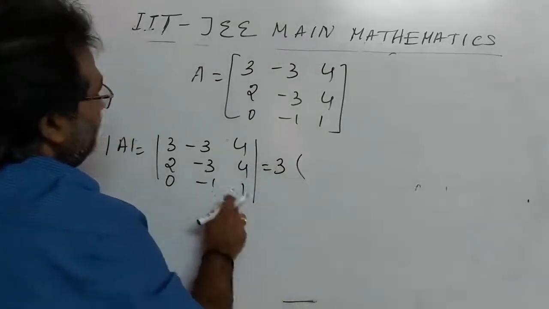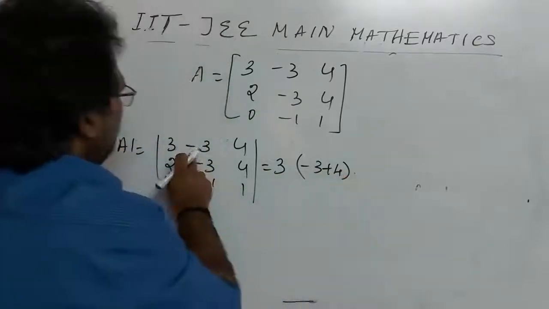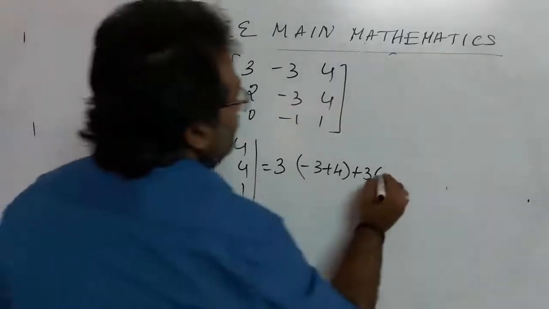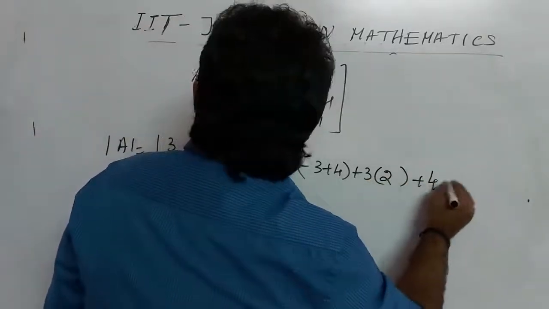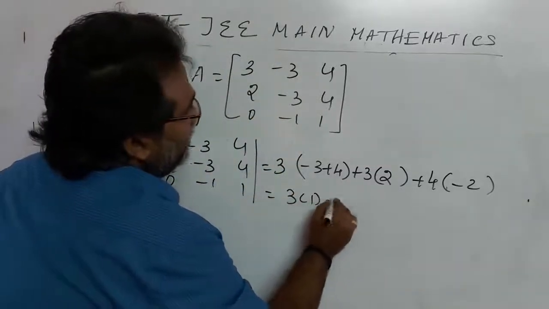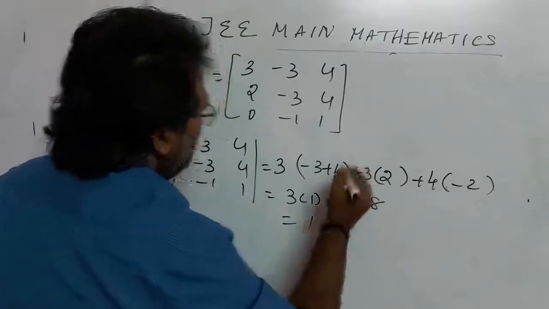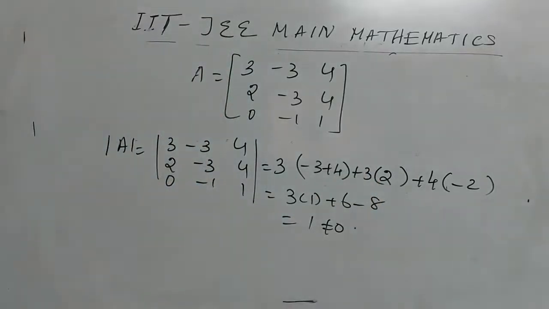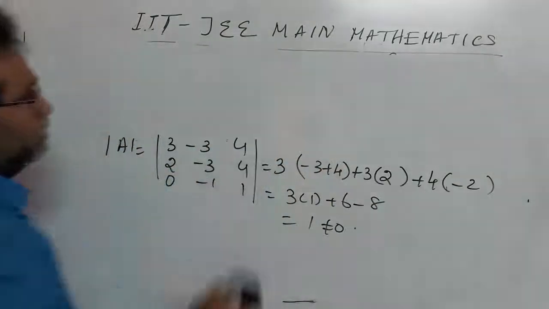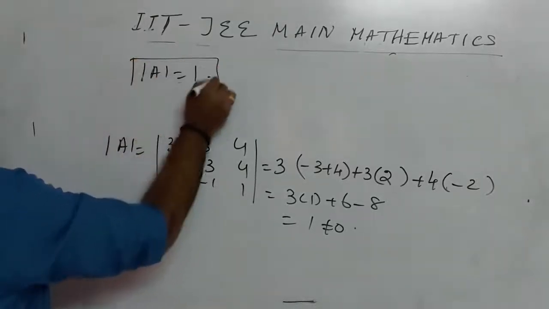So 3 into (minus 3 plus 4), minus of minus 3 into (2, 4 into minus 2)... 3 into 1 plus 6 minus 8 equal to 1, which is not equal to 0. So determinant A equal to 1.